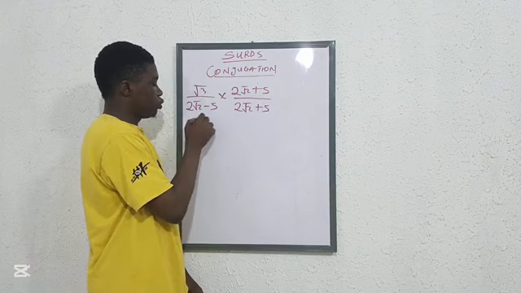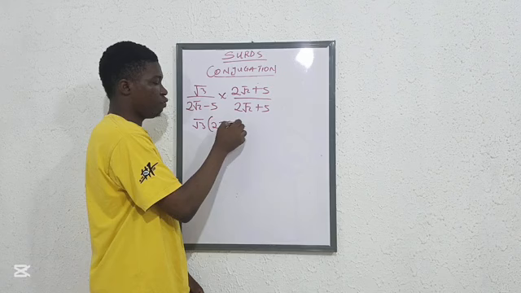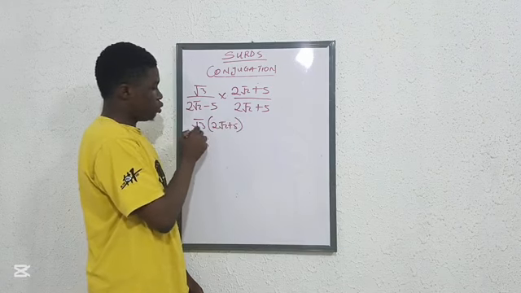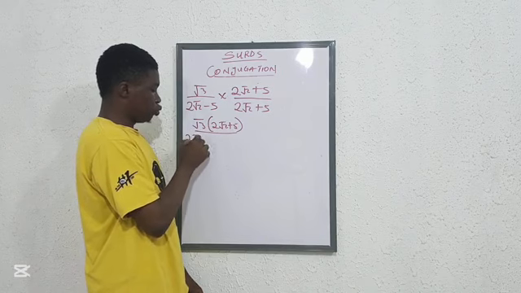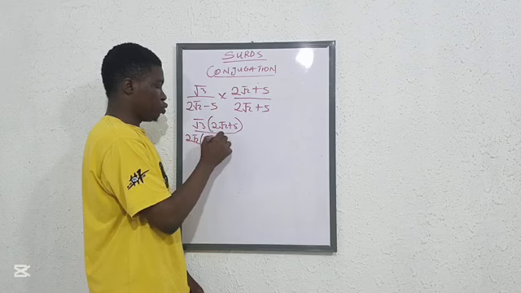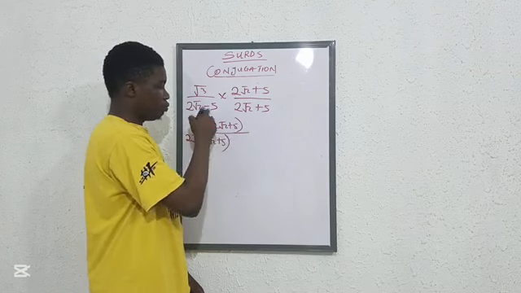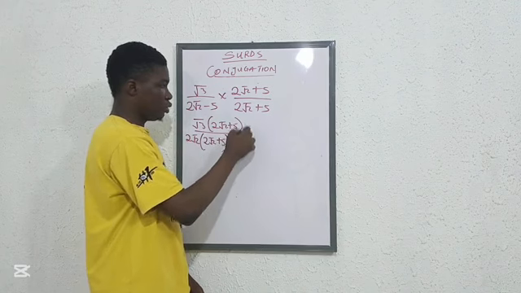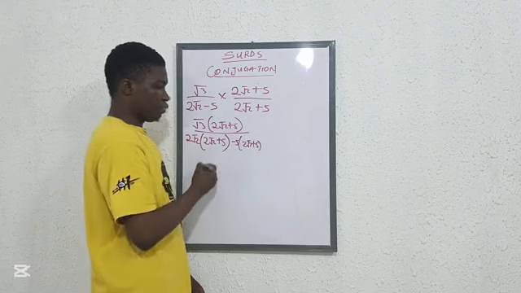So how do we multiply it? We're going to say root 3, 2 root 2 plus 5 for the numerator over pick one, 2 root 2, open bracket, pick this 2 root 2 plus 5, close bracket, then minus 5, pick 2 root 2 plus 5.